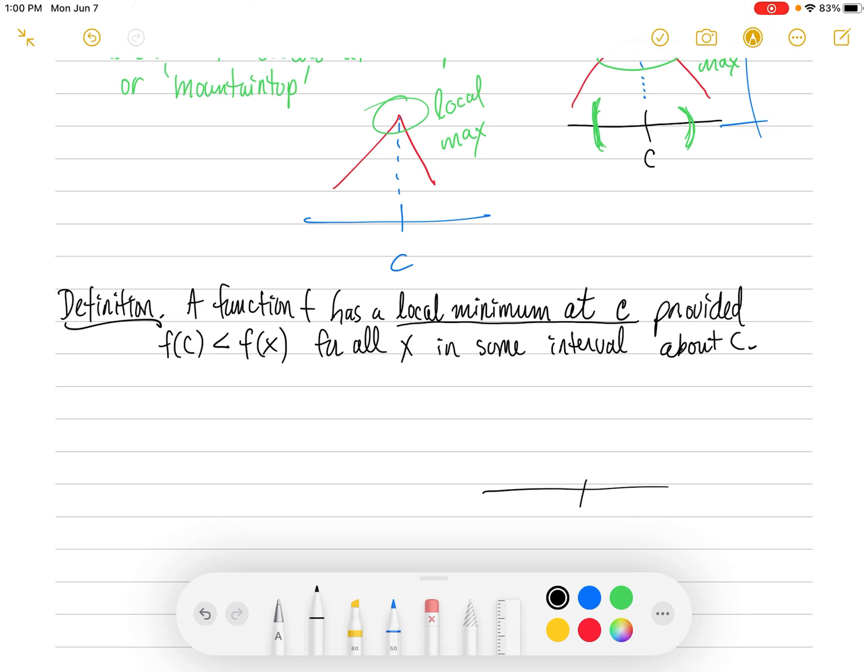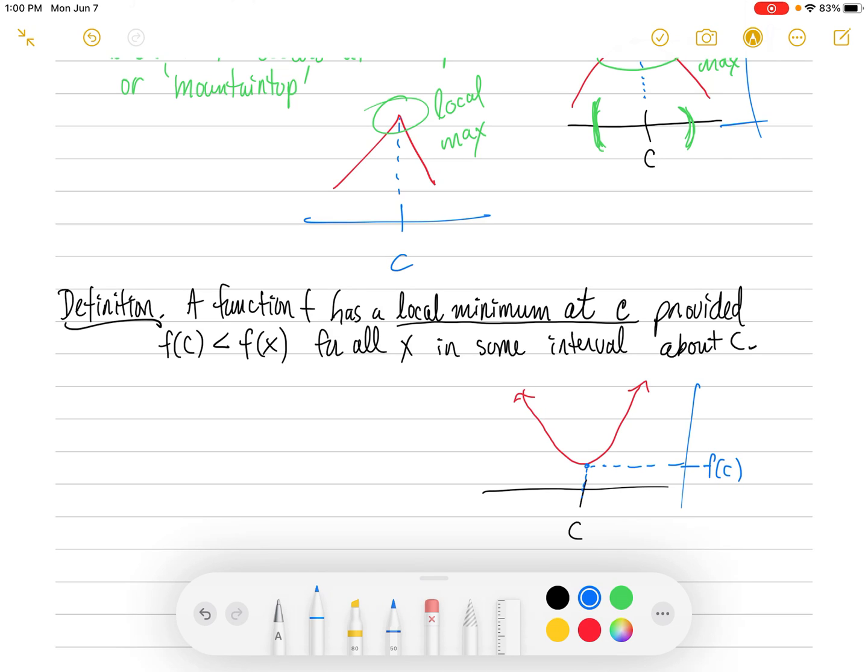Let's draw a picture. So here's a c on the x-axis, and let's say our function looks something like this locally here. Who knows, it might do some other stuff, but around c, there's this little dip. There's this little valley here around c. So if I were to locate c here, and find where the graph is, it's right here, and I trace that back to the y-axis over here.